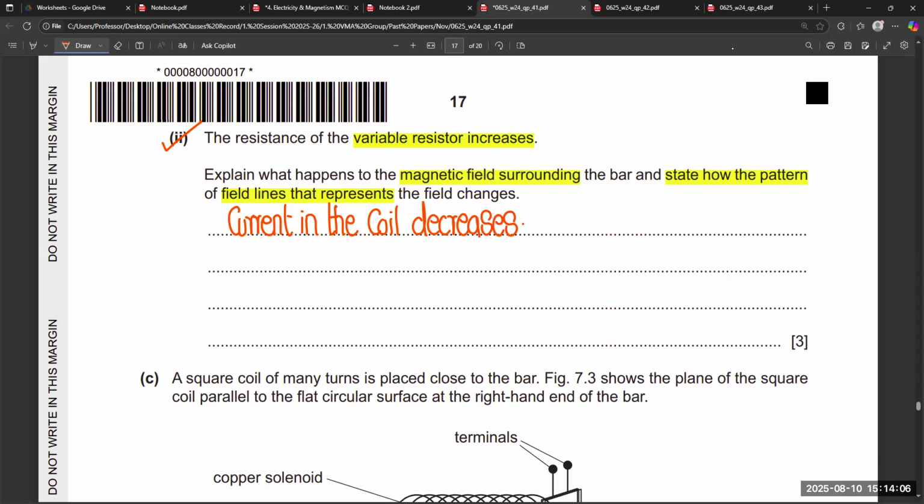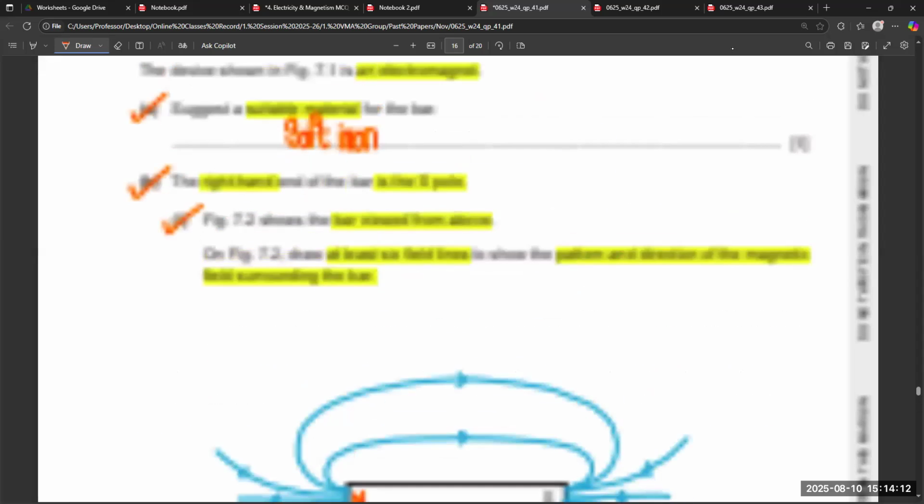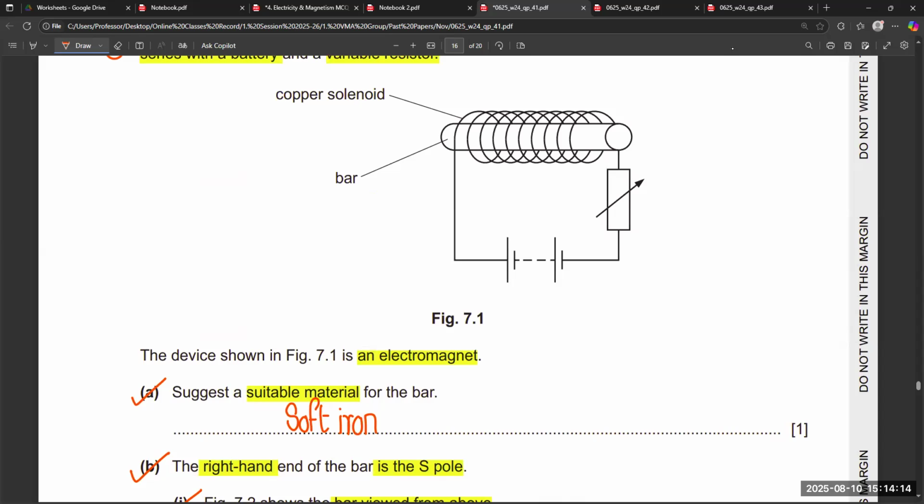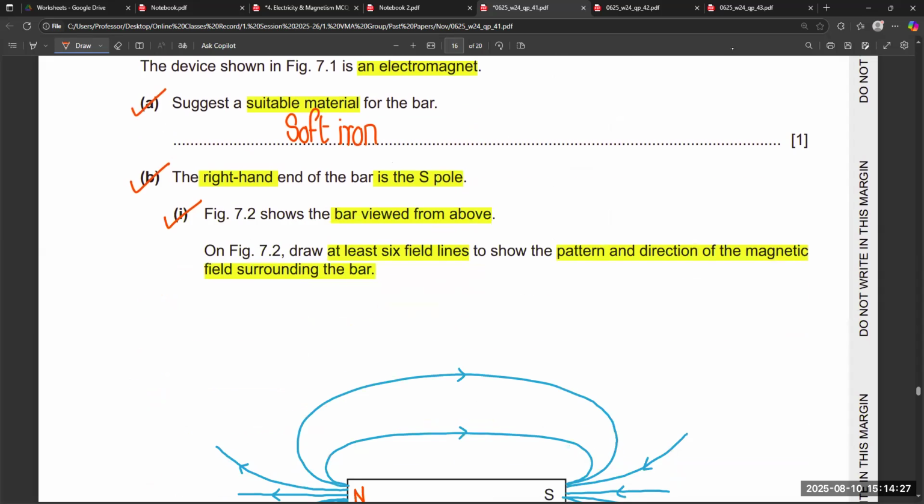When current in the coil decreases, because of the current in the coil, a magnetic field generates around the coil. When current passes through the coil, a magnetic field generates around the coil. So when the value of electric current decreases, definitely the magnetic field also decreases around the coil.